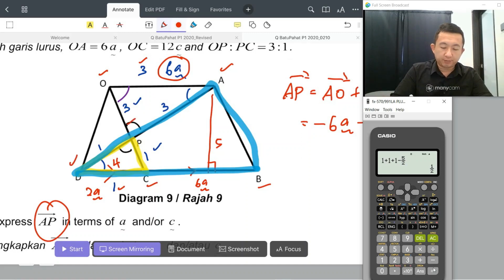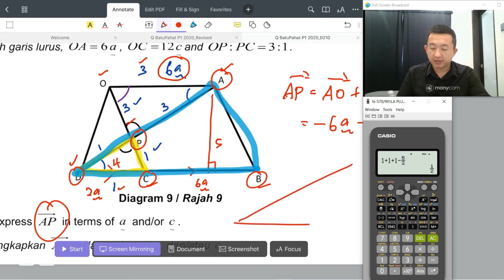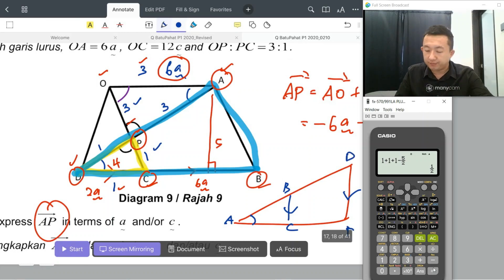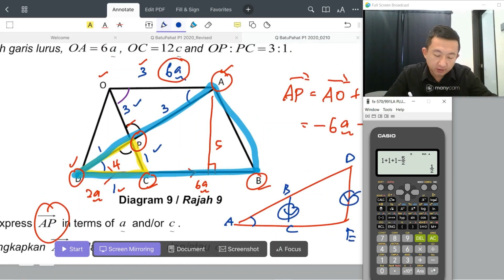So first thing, DPA is a straight line, and also DCB is a straight line. So you have something like this. These are straight lines. And then these two lines are parallel. Then you can say triangle ABC is similar to triangle ADE, provided these two are parallel. So we check PC and AB parallel or not? PC and AB parallel because it's a parallelogram. So these two also similar triangles.